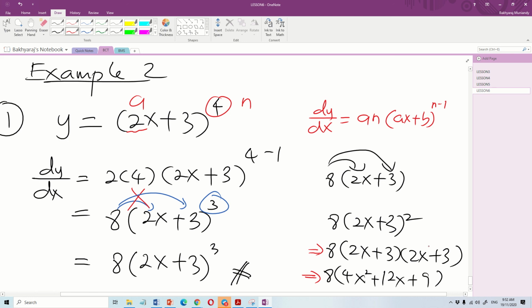Macam mana Khairul, saya tak dapat, sorry, lagi sekali. Okay, ni saya expand, okay. Yang bawah ni yang saya letak merah ni betul. Yang ni yang betul lah.